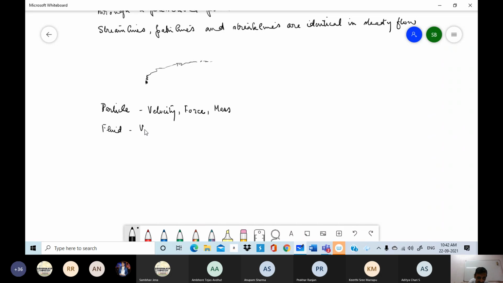So for a fluid, again, we must know what the velocity is. Apart from that, in order to know the force, we must know the pressure, we must know the viscous stresses.